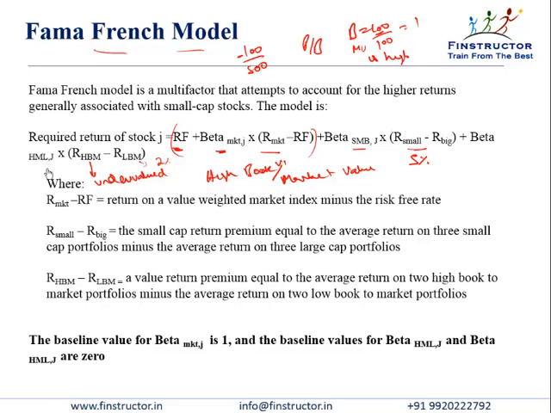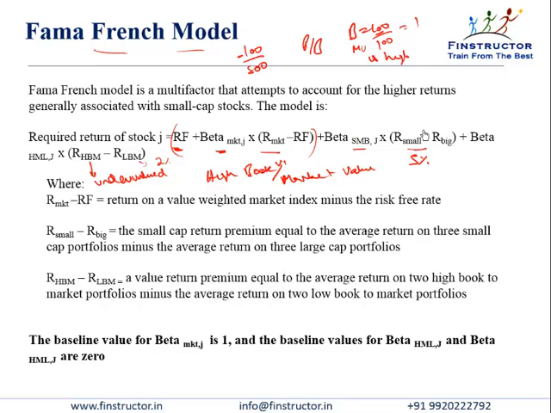So if beta is 0, that means you are an average valuation. You're neither overvalued nor undervalued. If you are undervalued, then beta will be positive.